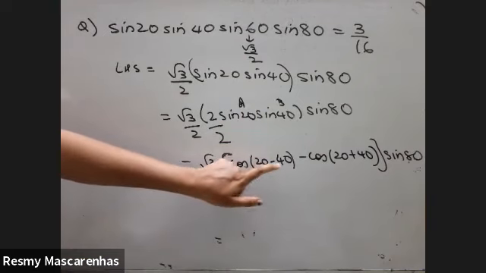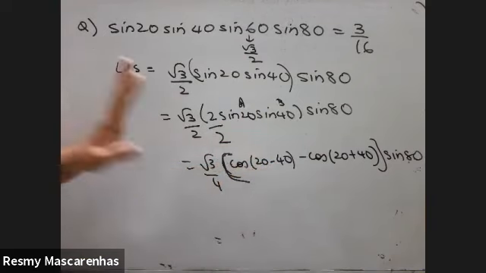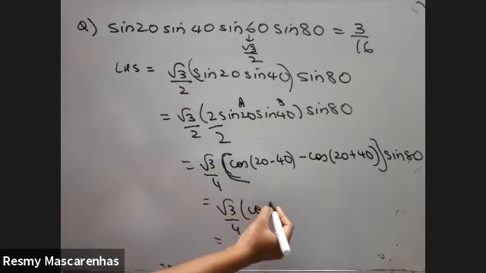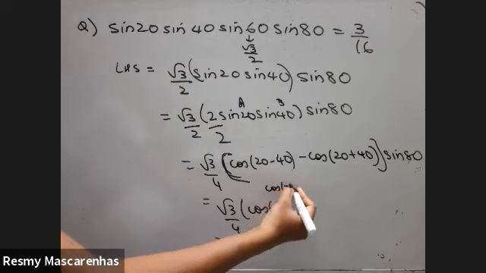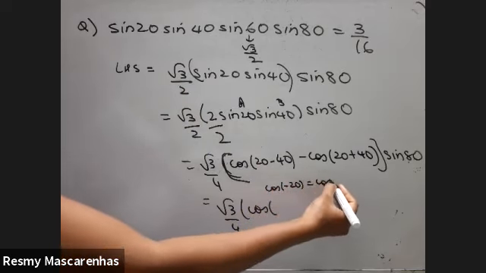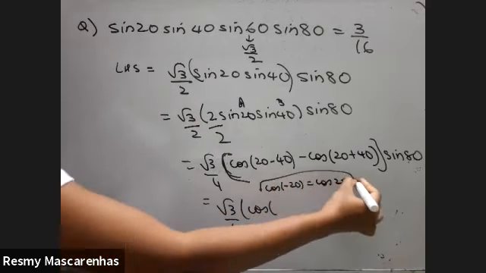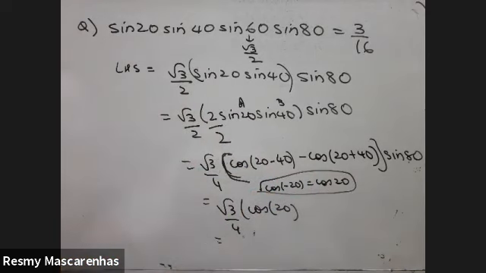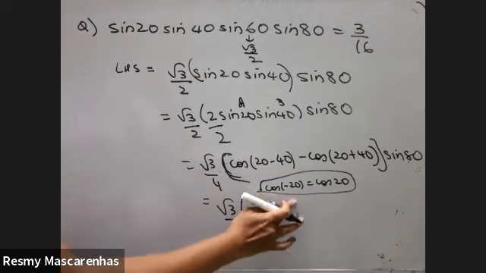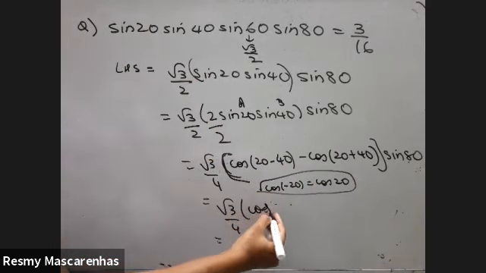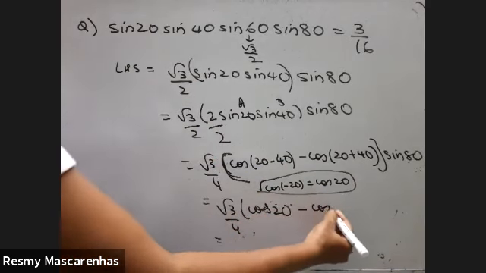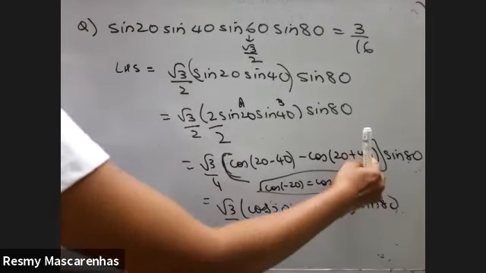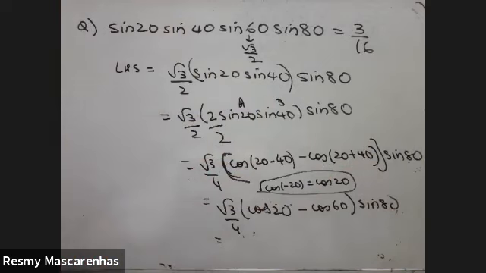But I told you whether you get plus or minus for cos doesn't matter at all. So you'll get cos of minus 20, which is the same as cos 20. So straight away I'll write it as cos 20 only. This will be cos 60. 20 plus 40 will be 60.